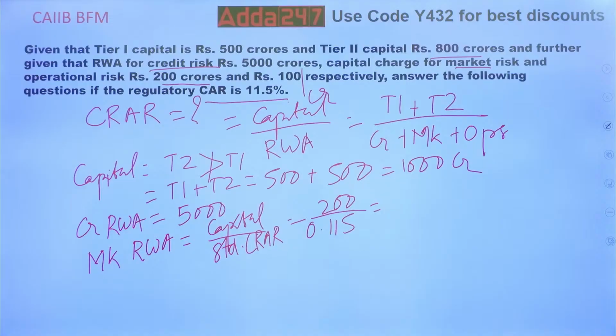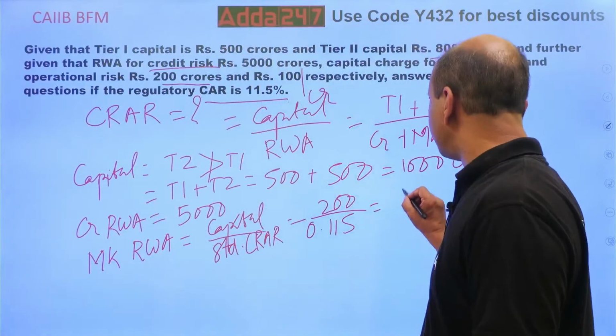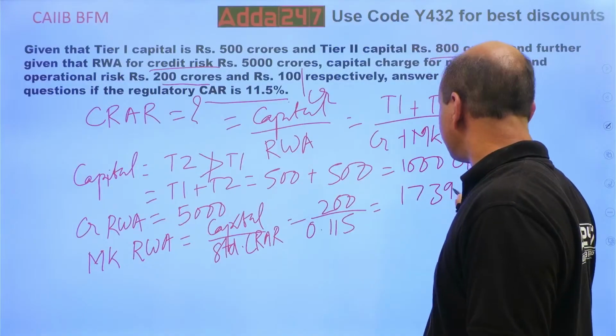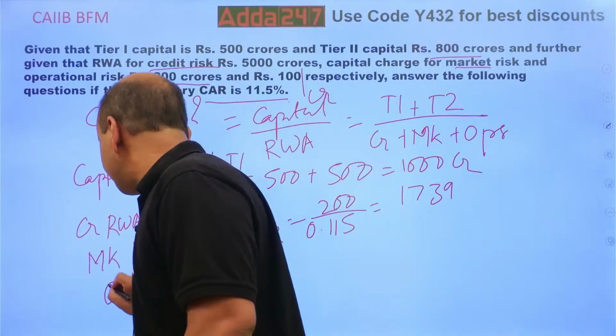Let me check the answer. You also try it. This is the new question. I'll also do it. Let's see who gets faster. It is 1739 crores. Similarly, now ops RWA.